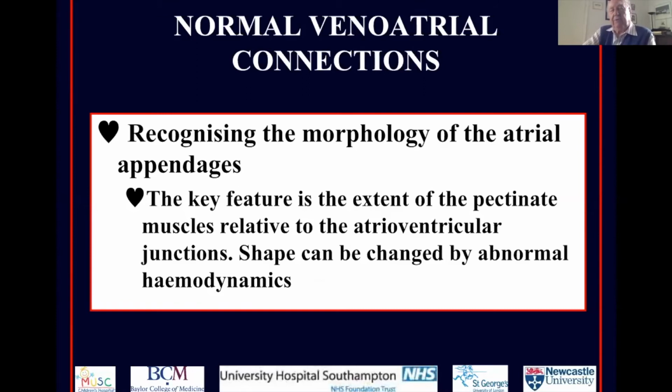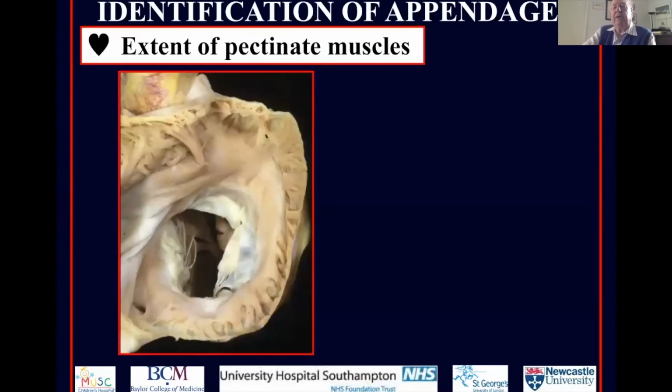And we now know, I'm sure you all appreciate this, that we do this by looking at the extent of the pectinate muscles, because the shape of the appendages can be changed by abnormal hemodynamics. But if we look inside the atrial chambers, and we look at the relationship of the pectinate muscles to the atrioventricular junctions, increasingly it is becoming evident that you can see this with the techniques that you have at your fingertips in the clinical setting.